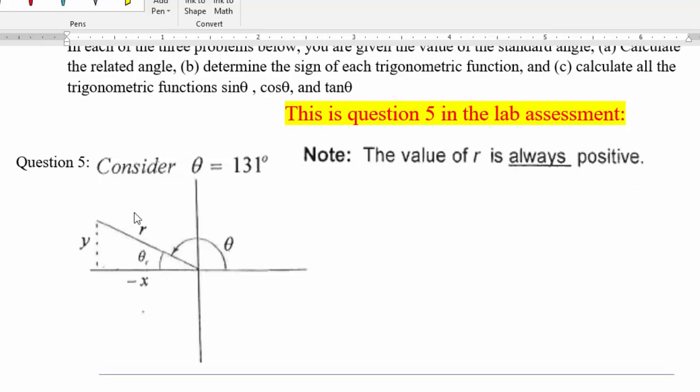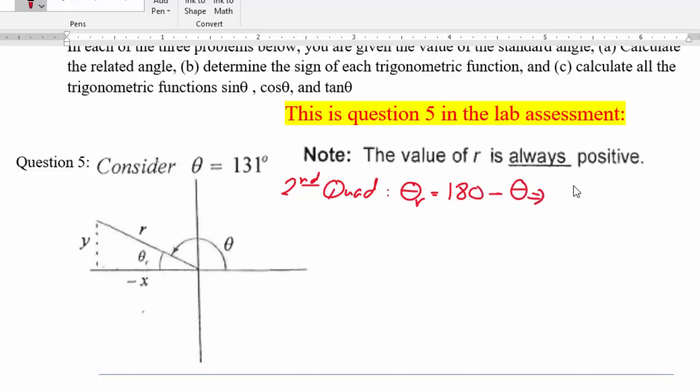So the related angle in question number 5 can be found by determining in which quadrant the vector is. You can see here R is in the second quadrant. In the case of the second quadrant, the related angle will be equal to 180 minus the standard angle, theta.